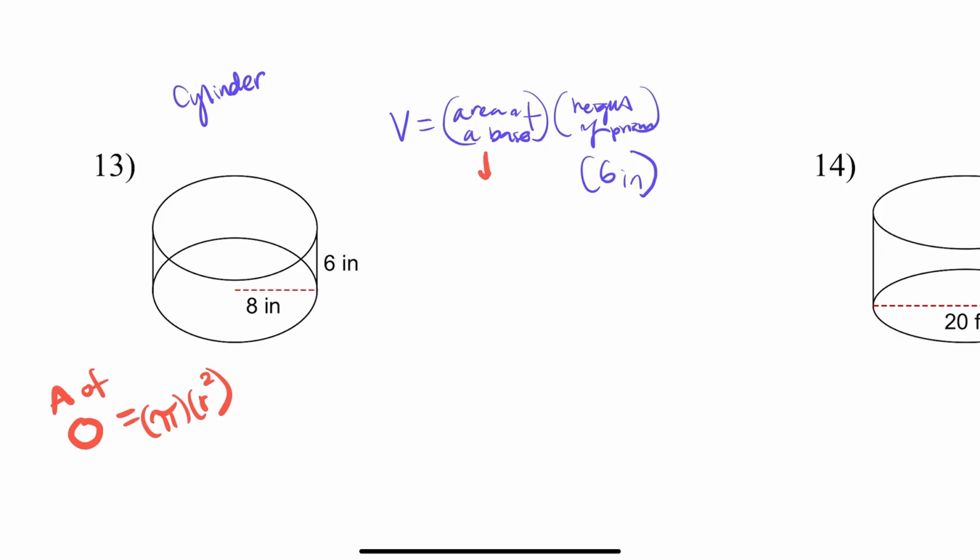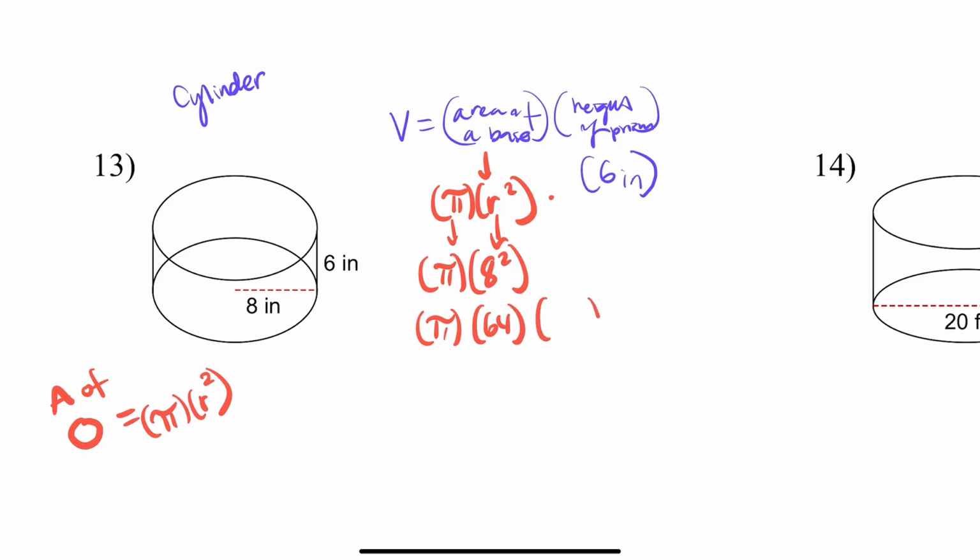And so this is pi times radius squared times the height that I already know. I know pi is pi, or 3.14. My radius is 8 squared, which is 8 times 8. So that's 64. And then I have 6 from earlier from the height.